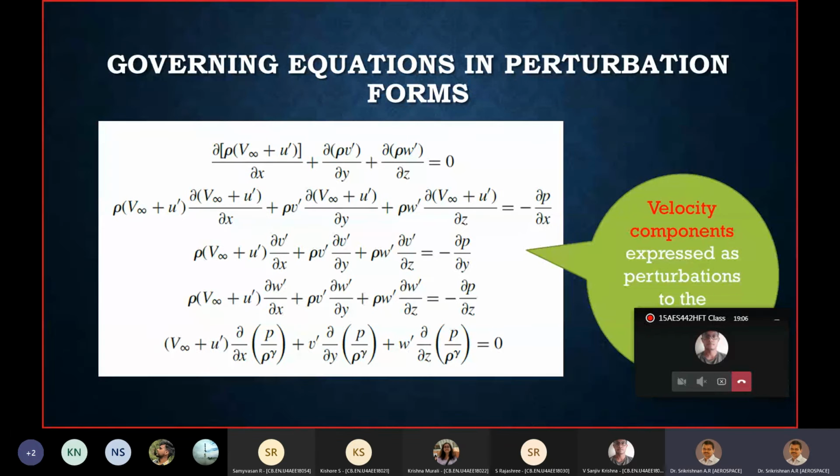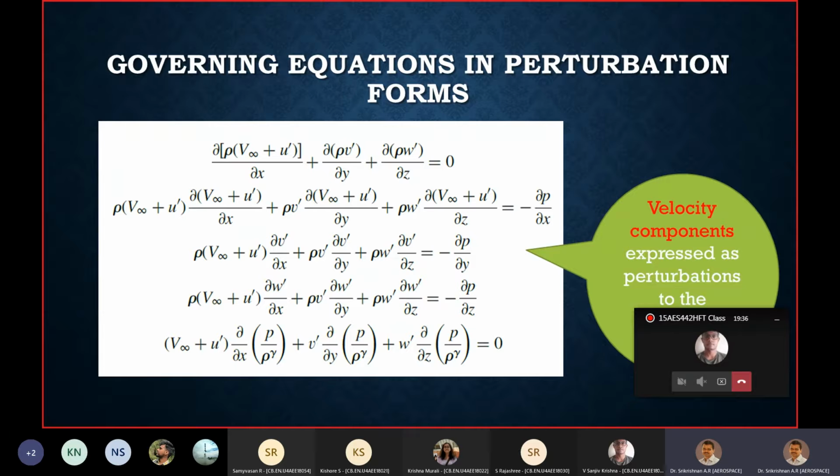So we have a set of equations here, but if you look at them, they are familiar. We have already referred to them. The only thing that I have done now is to rewrite them in terms of the perturbations. So for example, if you look at the first one, the continuity equation, dou rho u by dou x plus dou rho v dash by dou y plus dou rho w dash by dou z.